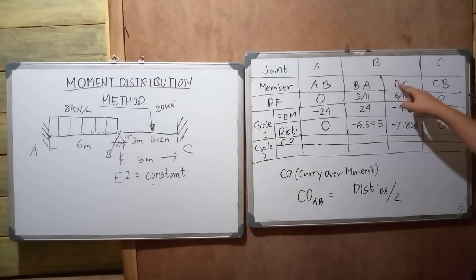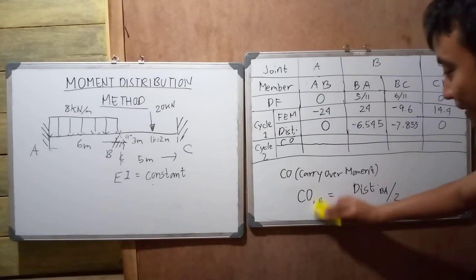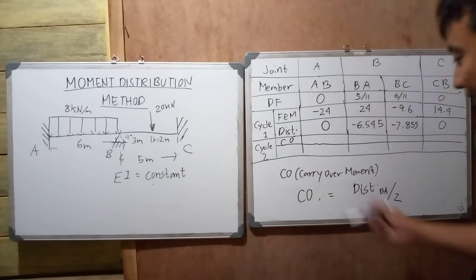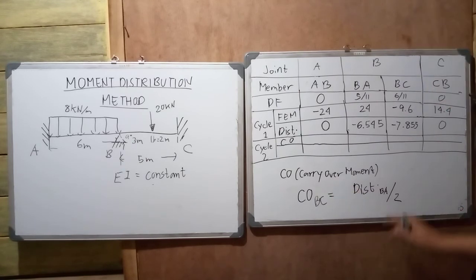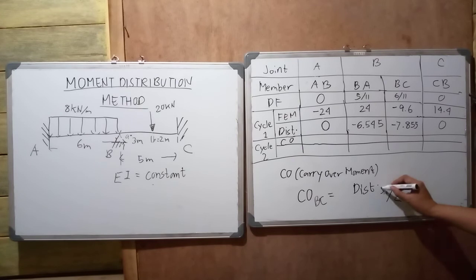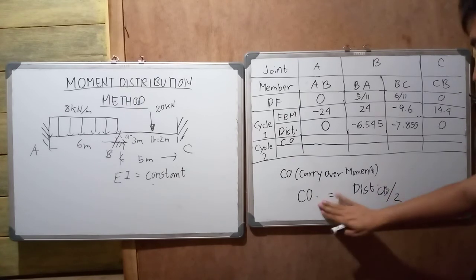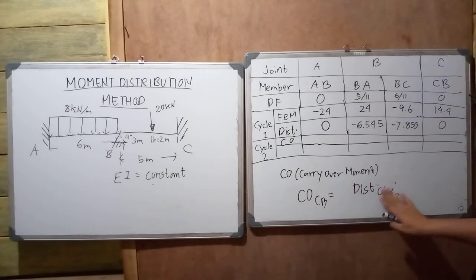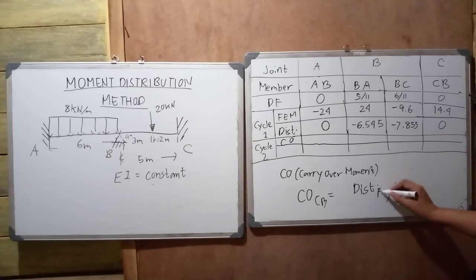Kay BC, for example, kay BC naman, CO BC, yung distribution na i-divide mo ng 2 is kay CB. At kung si CB naman yung hinahanap natin, si BC kay yung distribution naman ni BC.